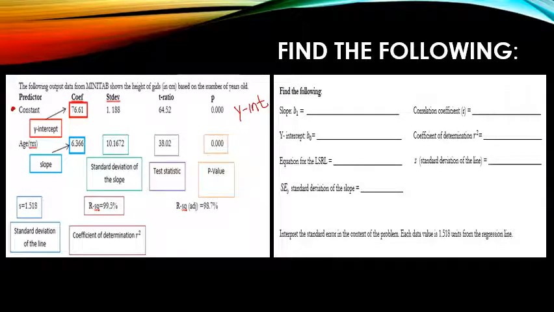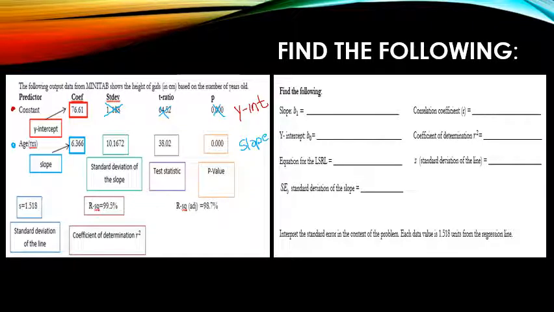Then the second row down, which is age, refers to our slope. When we are doing these regressions, we're doing it as far as the slope, not the y-intercept. So basically you don't have to look at the top row, so we can eliminate this stuff right here when we're looking at computer output.